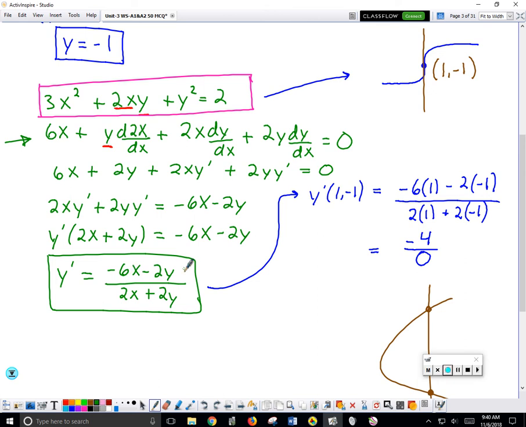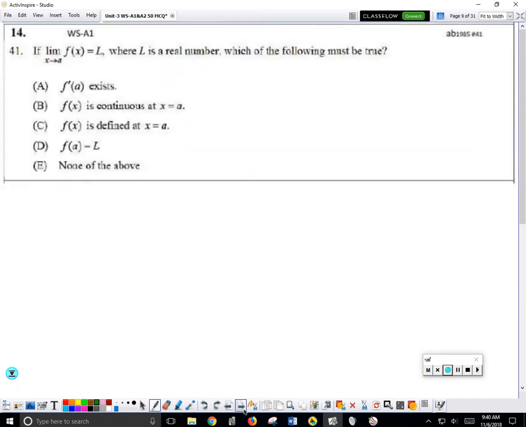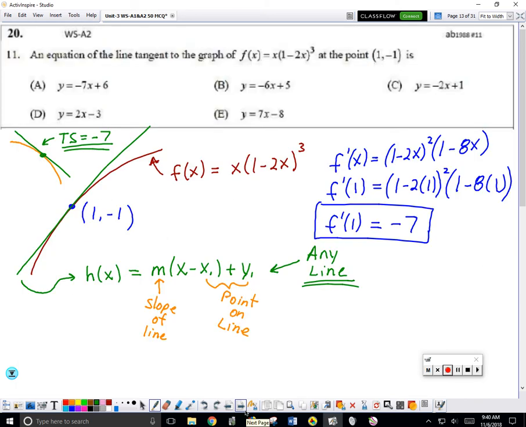Whereas in the problem we were working on, the formula for the curve is only in terms of x. Therefore, the formula for the derivative will also only be in terms of x. That's the difference. Anybody else?